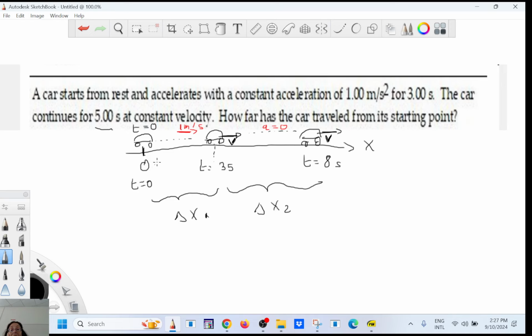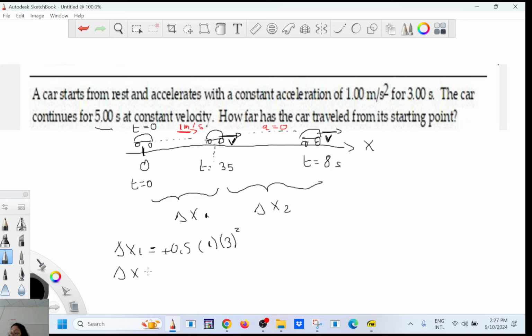Okay, so in this phase you're accelerating, right? So we're going to do delta x1 equals, that will be just the first equation. Do you agree? So v0 t plus 1/2 acceleration, which is 1, thank you, and the time is 3 squared.